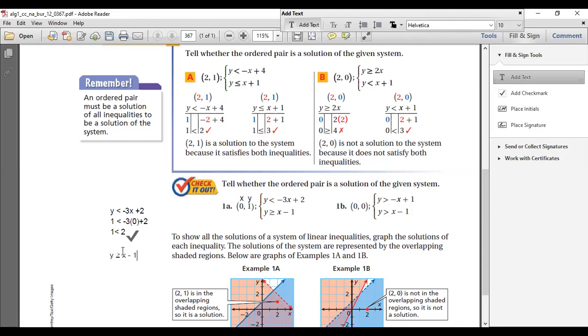So the value we are going to use is going to be the same. So y is 1, which should be greater than or equal to x. The value of x is 0.